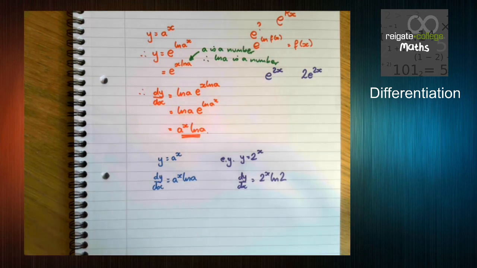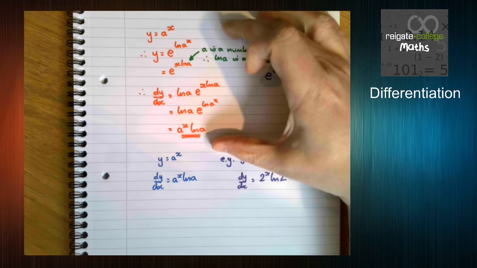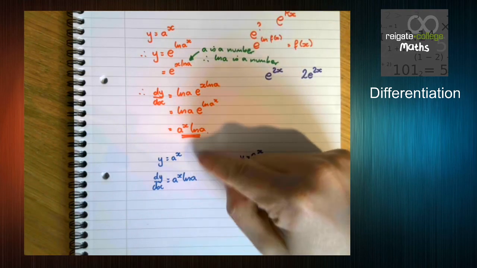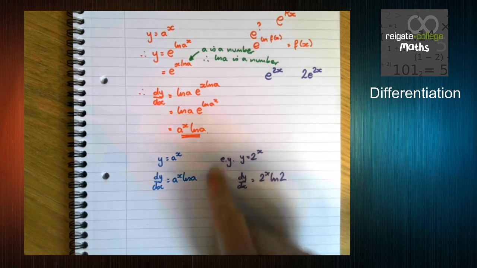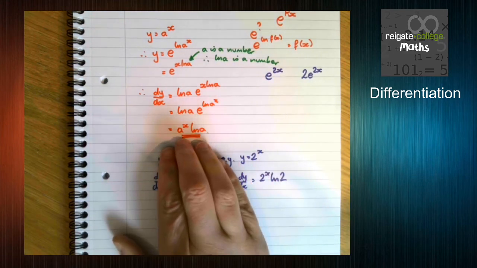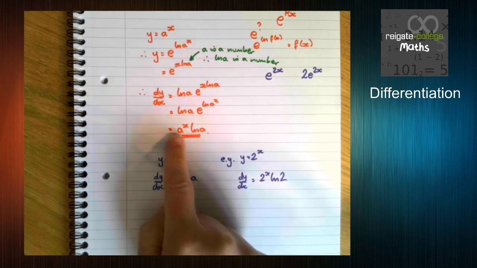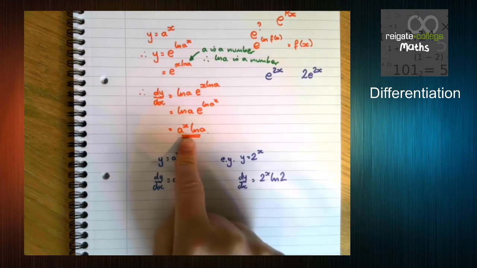And that's it. Unless you're asked to prove this relationship, you can just use this like I did here. But if you are asked to prove or to show that the derivative of a to the x is a to the x ln a, this is what you need to do.